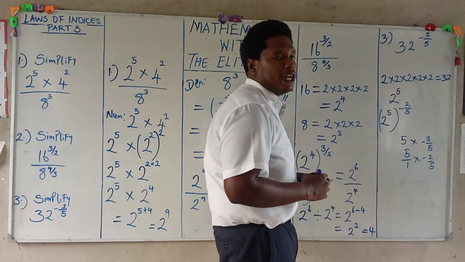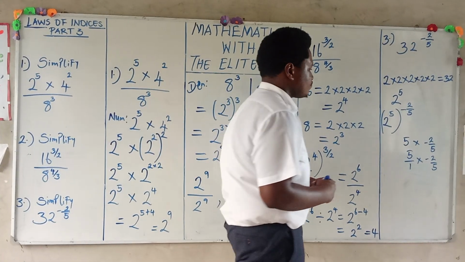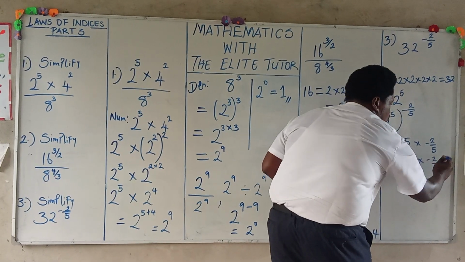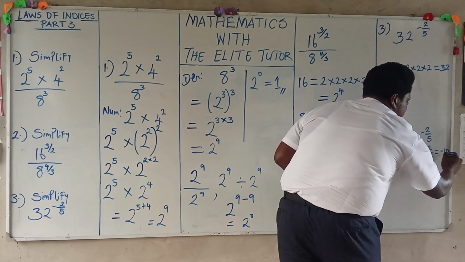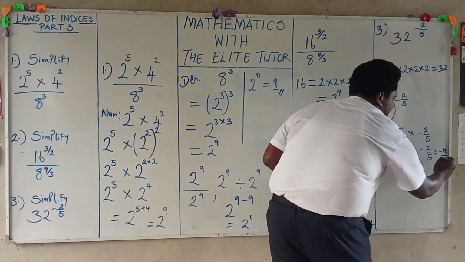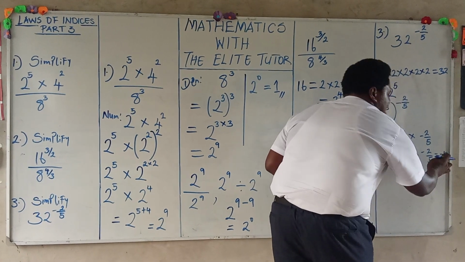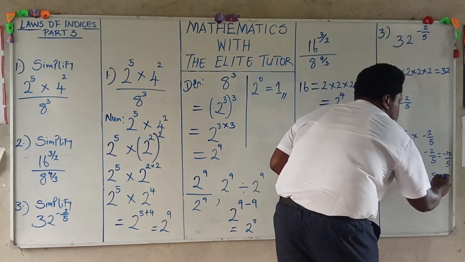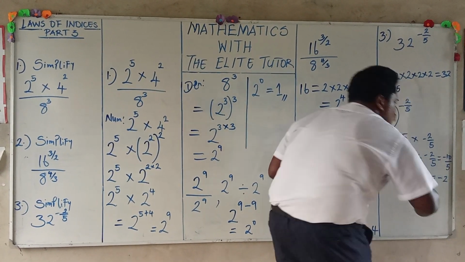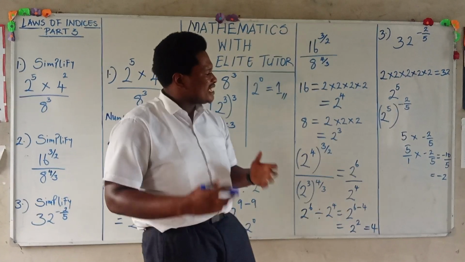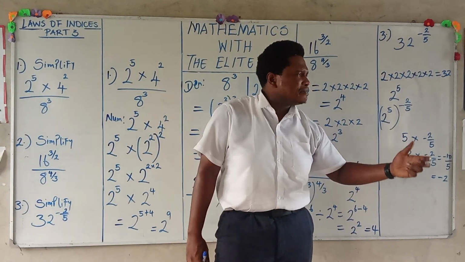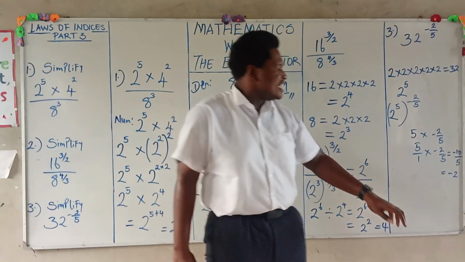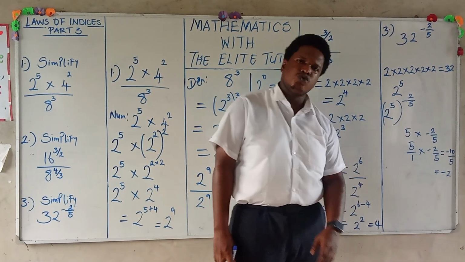Now, because it's multiplication, we multiply through. 5 times minus 2 gives us minus 10. 1 times 5 gives us 5. Now, minus 10 divided by 5 gives us negative 2. So we can see that 5 times negative 2 over 5 gives us minus 2.